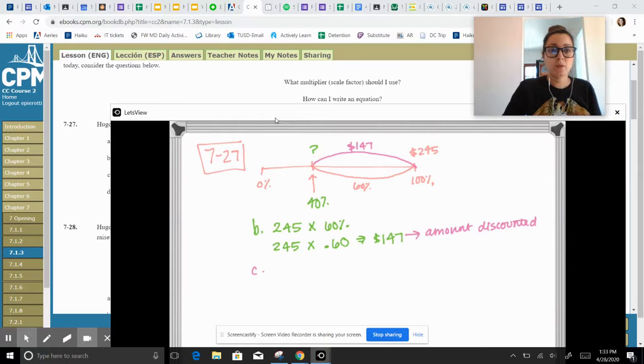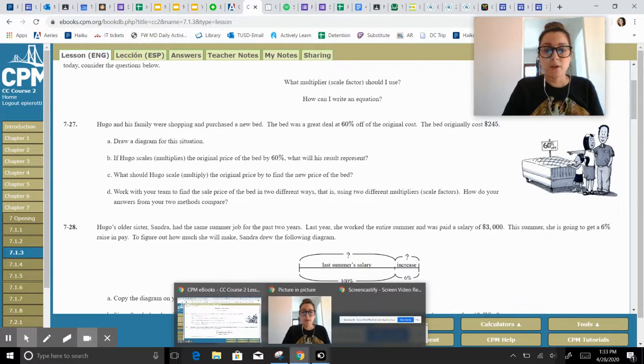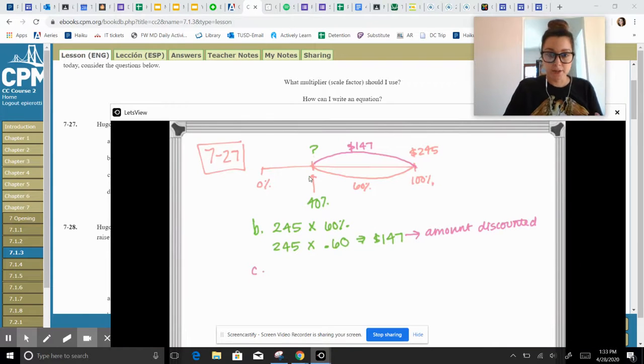So in part C, we're going to talk about what Hugo should be multiplying by to find the new price of the bed. Well, if he wants to see how much he's paying, he's not going to multiply by 60%. He's going to want to multiply by 40% because that is the amount that he's actually paying for the bed.